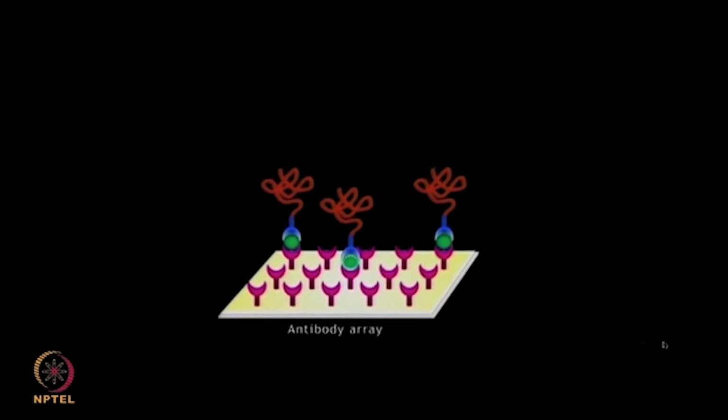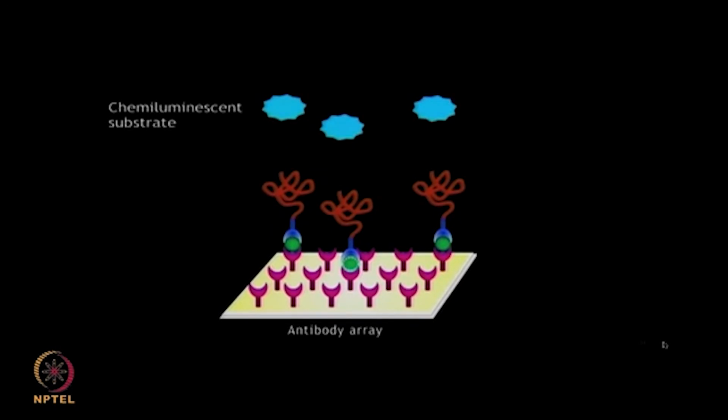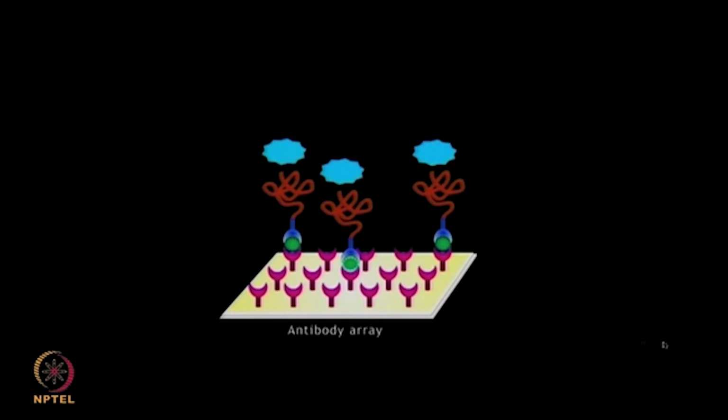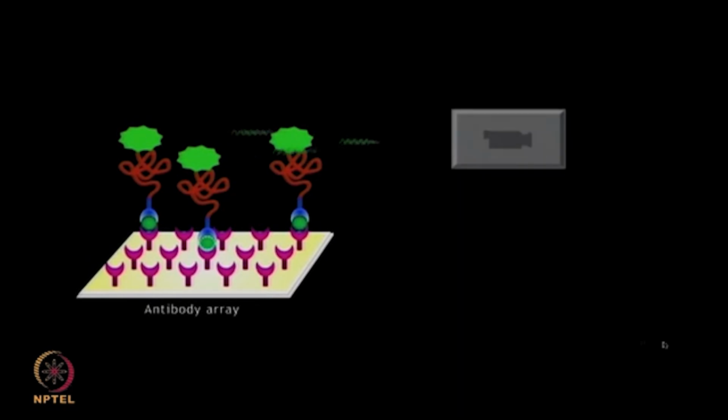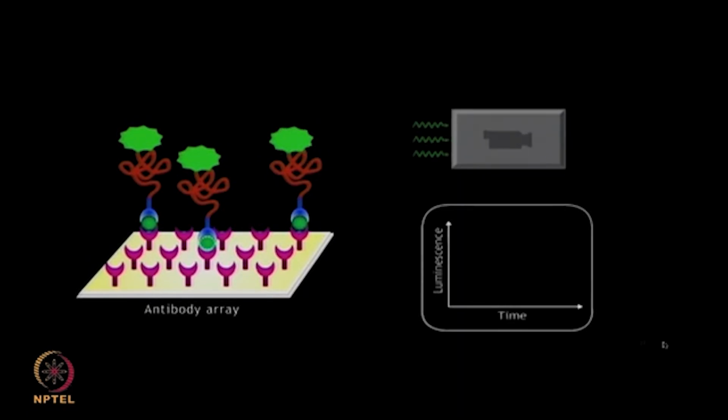The excess unbound antibody is washed off, and the chemiluminescent substrate is then added, which reacts with enzyme and emits the light. This is detected by means of a CCD camera, and a plot is obtained as shown on the right hand side. A graph is plotted between time and luminescence.